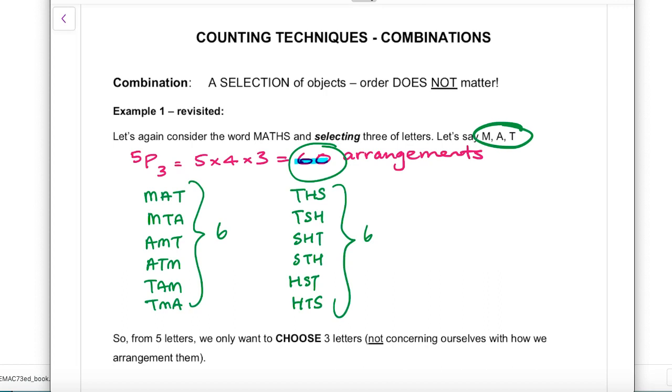With a combination, choosing the letters M-A-T is one selection. We don't want to have to worry about ordering them.